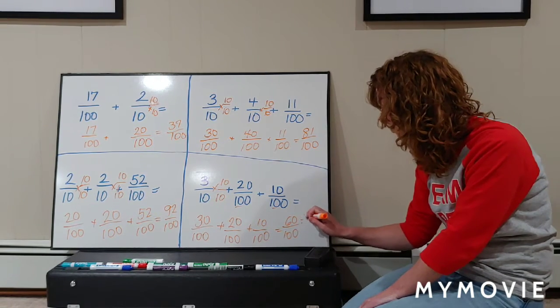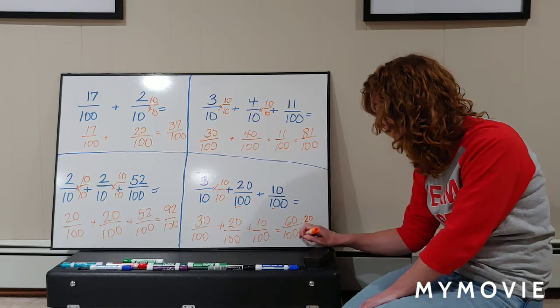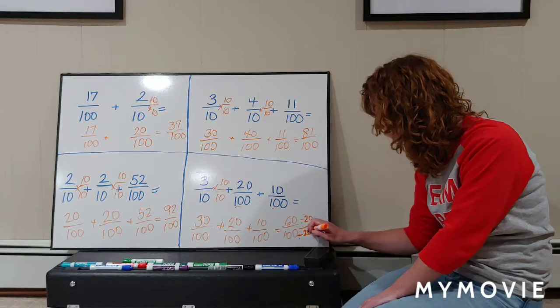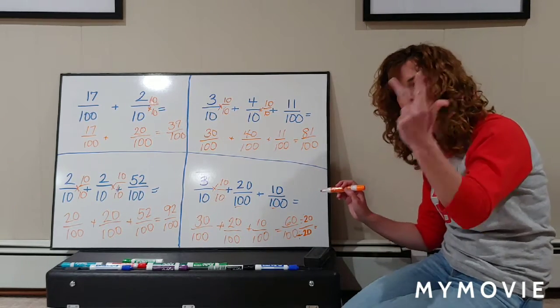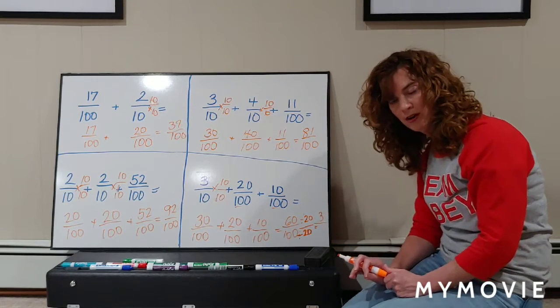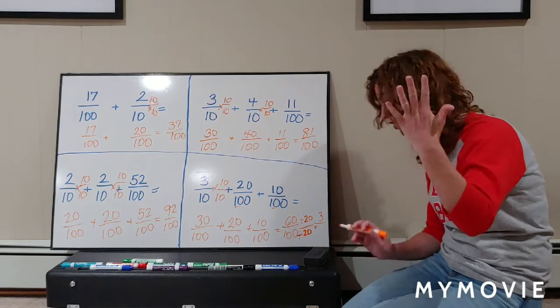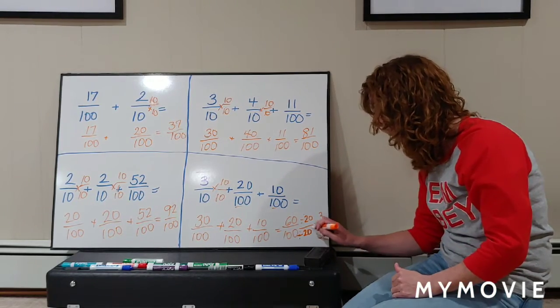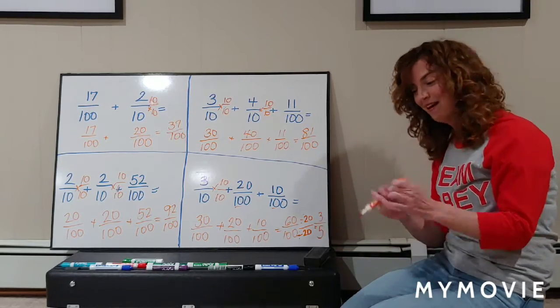So let's try to divide by 20. 60 divided by 20, so 20, 40, 60, 3. 100 divided by 20, 20, 40, 60, 80, 100, so 5. So we broke it down from 60 hundredths to 3/5.